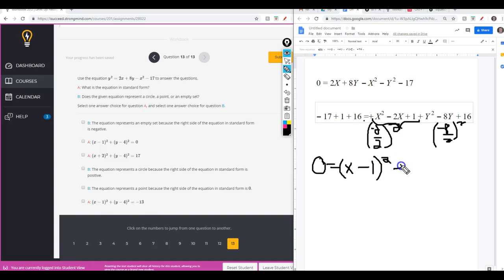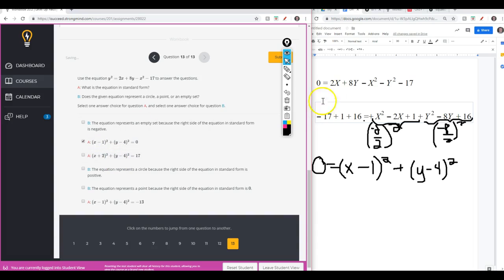It's being squared, plus the factored form for this is y minus 4, since -8 divided by 2 is -4, that being squared. So that's our equation: x minus 1 squared plus y minus 4 squared equals 0.